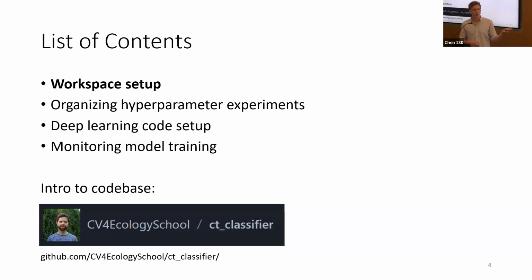Then the deep learning code base, what are the bare bone elements that should be in a deep learning code, the bare bone Python files. And then lastly, when you do start to train your first model, probably at the end of this week on Friday, how to progress and how to monitor this training progress and know that you're doing something useful.